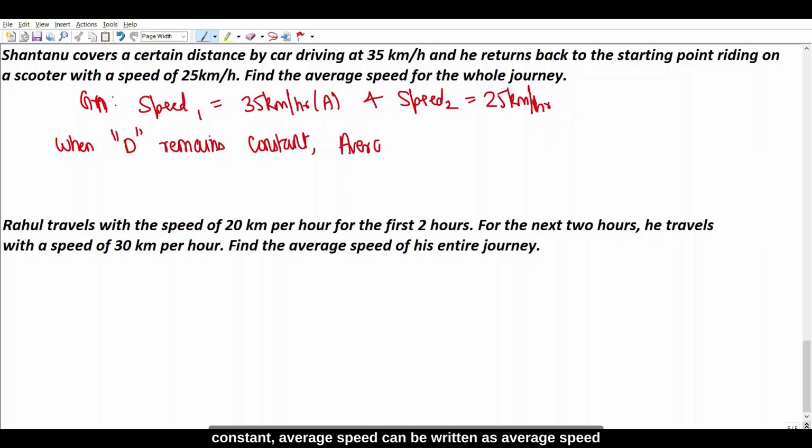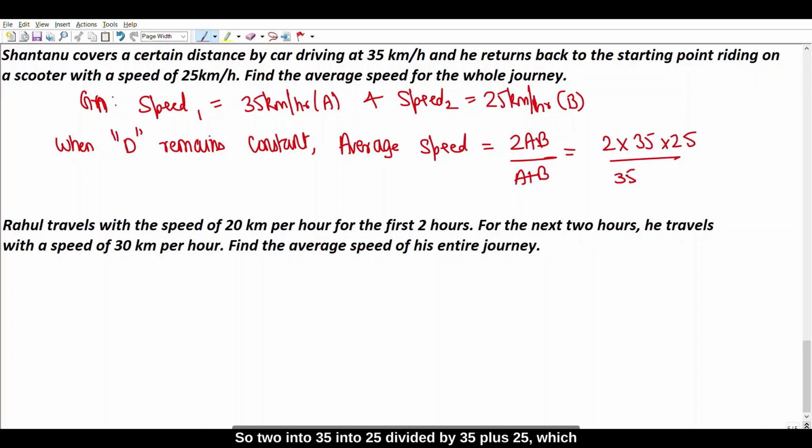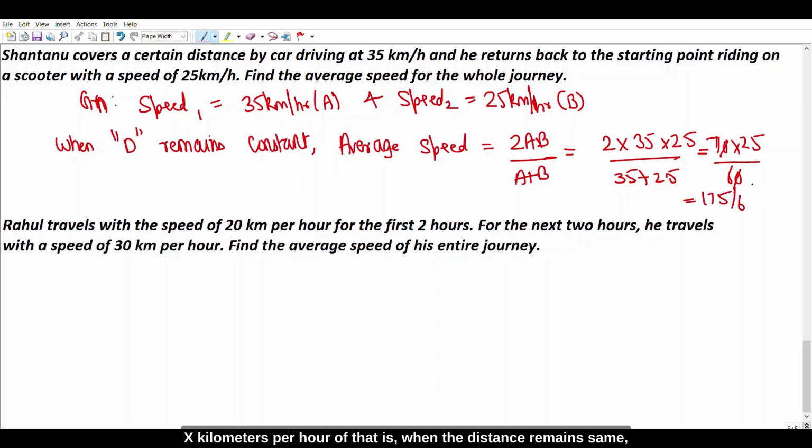Therefore, it is understood that when distance d remains constant, average speed is equal to 2ab divided by a plus b, where a is the speed of the first part and b is the speed of the second part. So 2 into 35 into 25 divided by 35 plus 25, which in turn can be written as 70 into 25 by 60, that is 175 by 6 kilometers per hour.